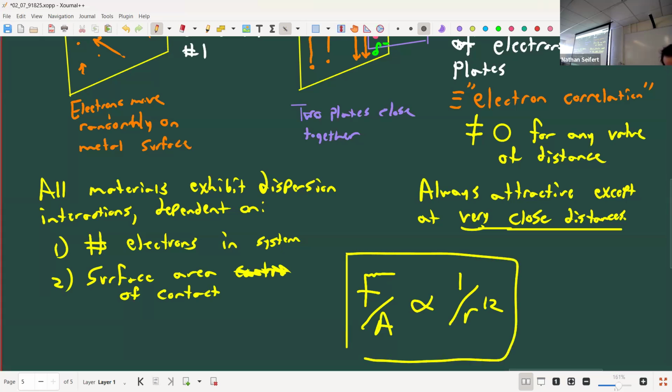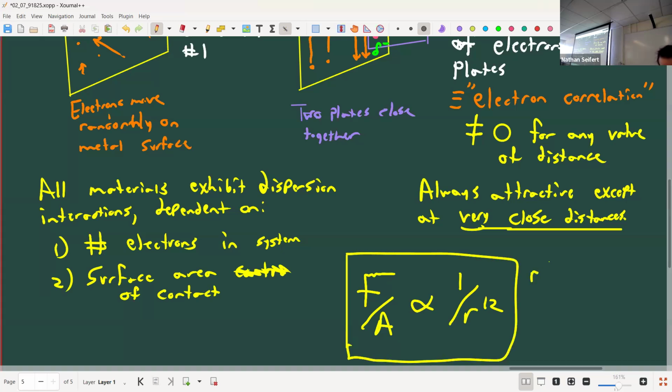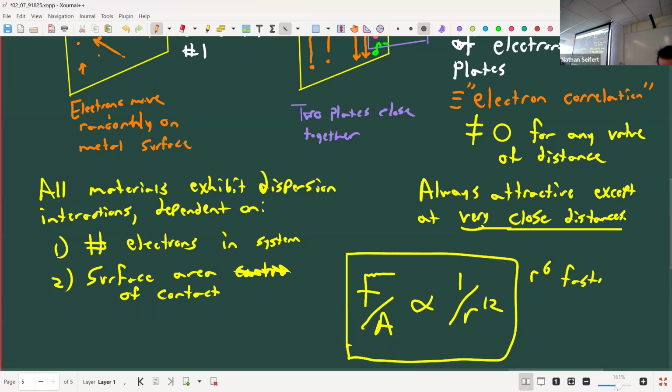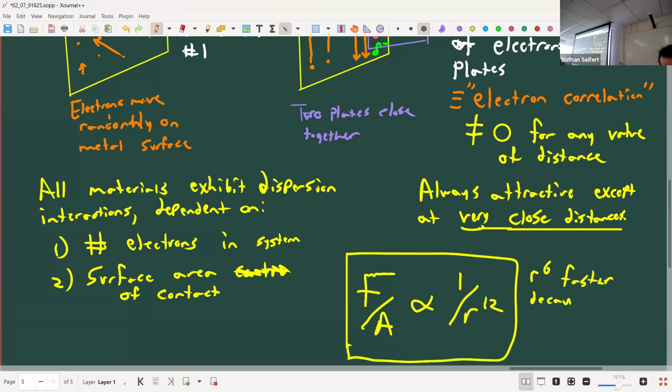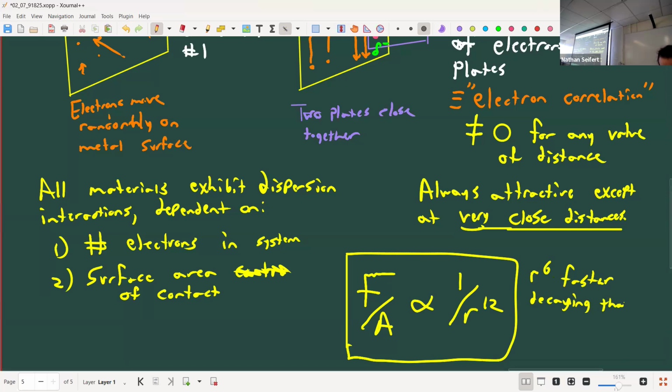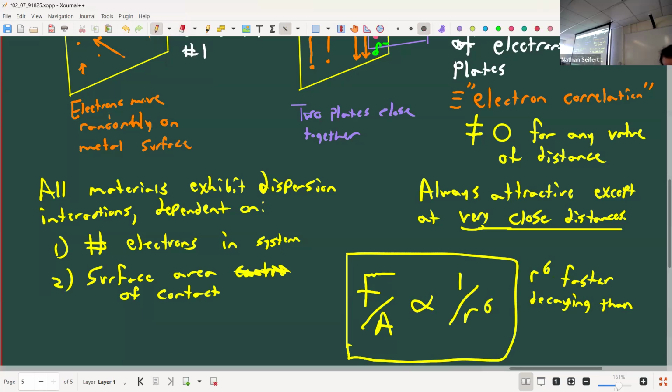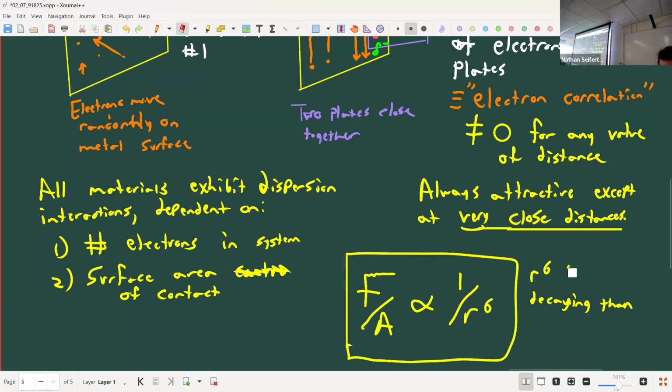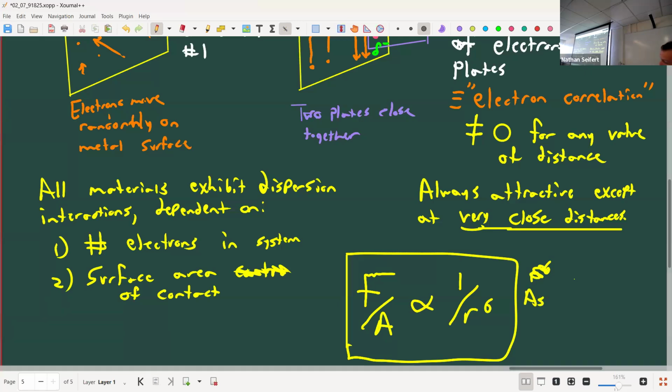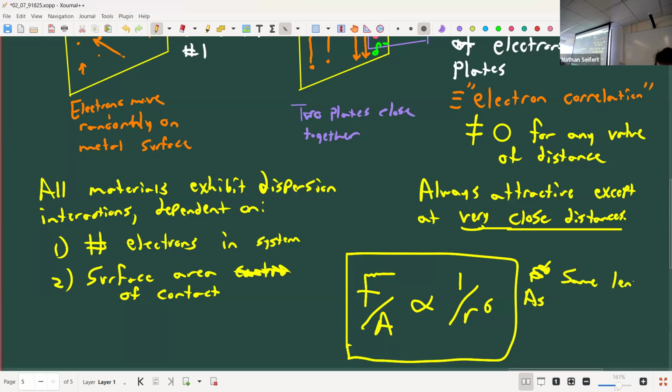So remember that, this is r to the 6 faster decaying. Sorry, no, that's wrong, I got to go back to that. I apologize. It's the same, r to the 6, same as the induced dipole. I was confusing it with another one. So it has the same length dependence, but we'll see that it is weaker.